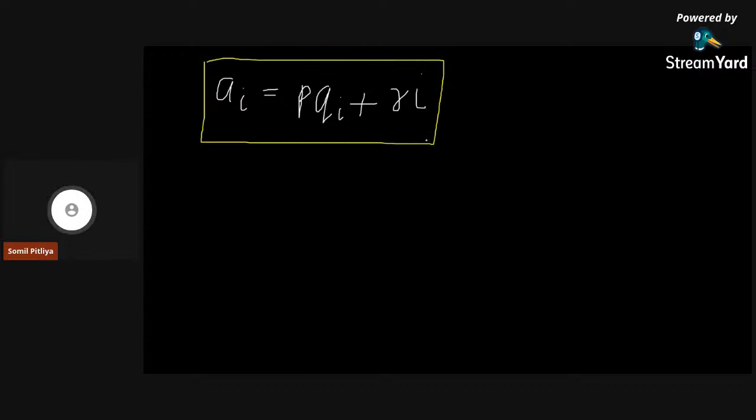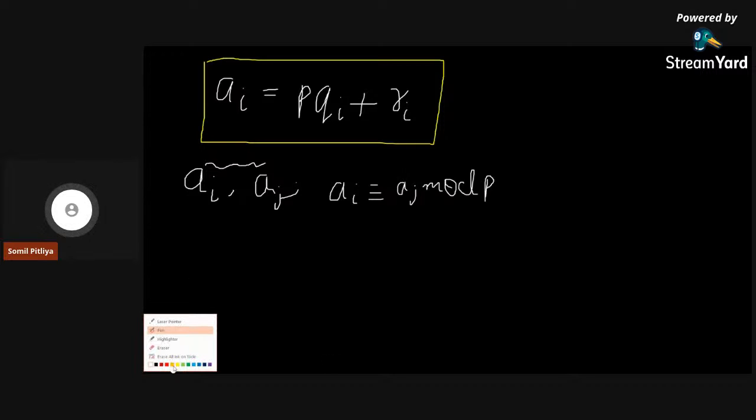Now if I want to prove that all numbers will give different remainders, because there can be some numbers which can give the same remainders, but I don't want that. So let us assume that there exist two numbers, let's say AI and AJ, such that they both give the same remainders upon dividing by P. That is, AI is congruent to AJ mod P. So what is my AI?